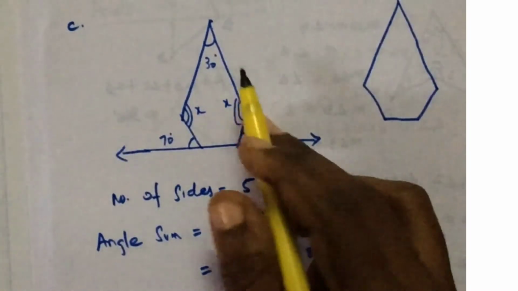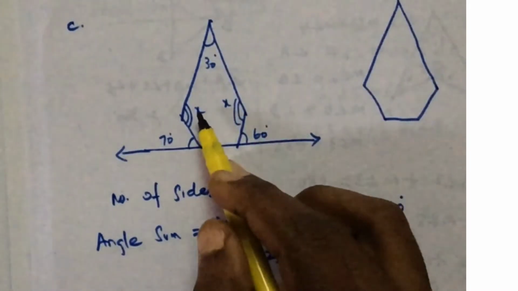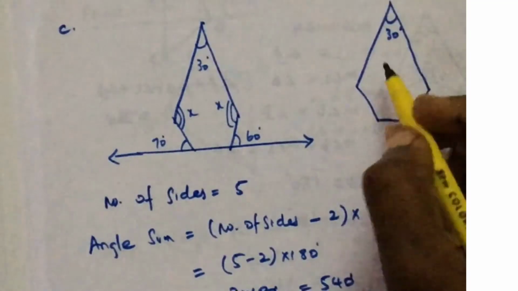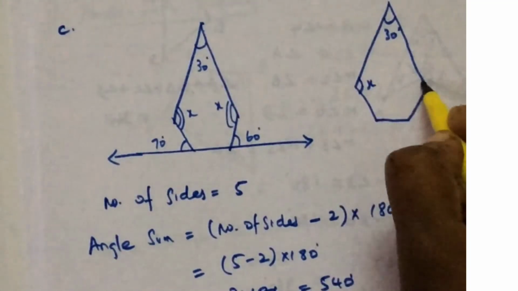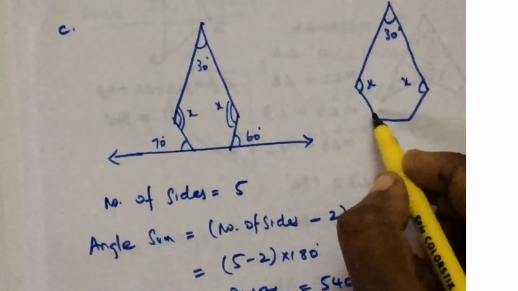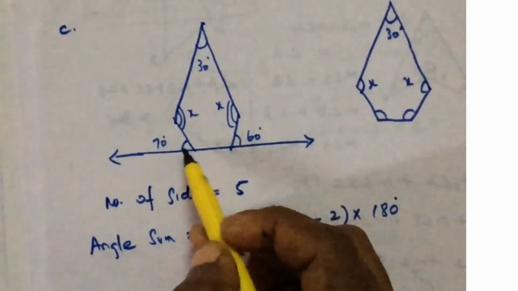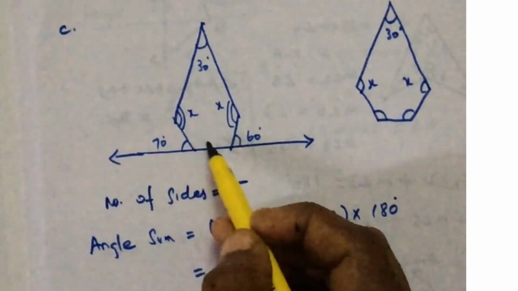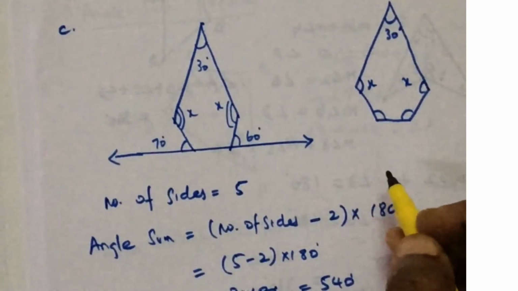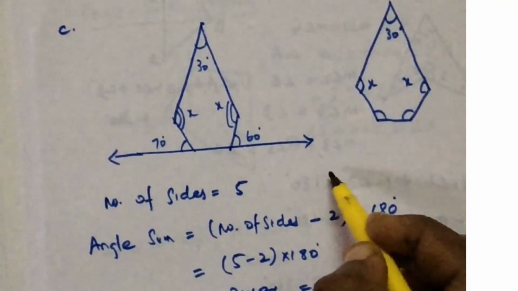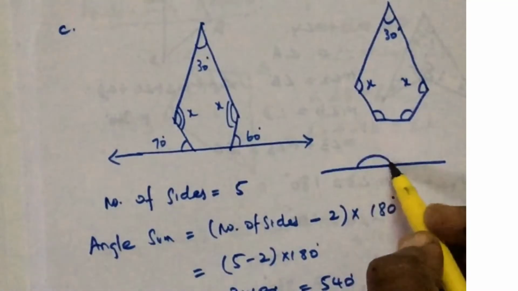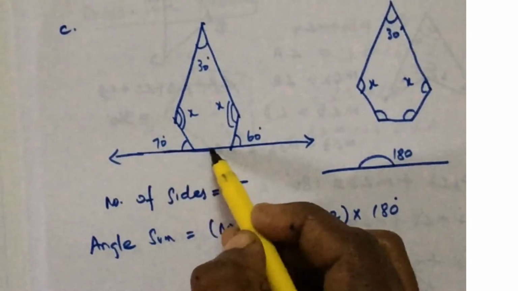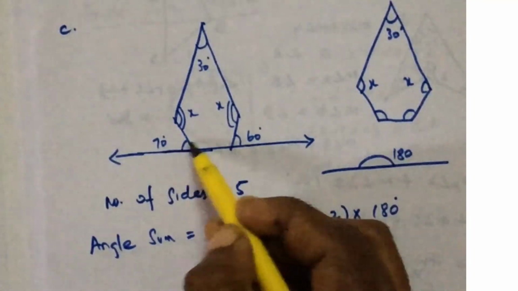Let me add. Here it is 30 and here it is x and here it is 30. Here it is x and this is also x. Then what about this angle and this angle? Here this is 70 and what is this? We know that in a straight line the angle is 180 degrees.